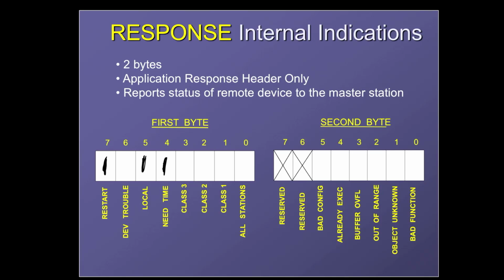Need time is an example of where the server has lost its time, possibly from a restart, where it's just going to come up with a default time start, and it needs to have the master synchronize it again. So it's looking for synchronization, and then of course you've got your classes for your event data, 1, 2, 3. So if it was a class 1 event that was being reported back, this flag would be set.